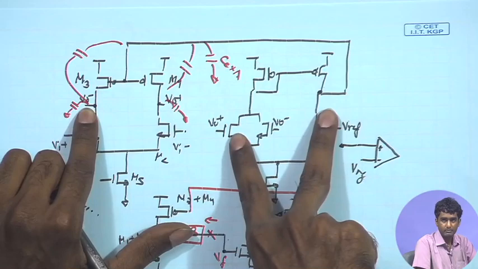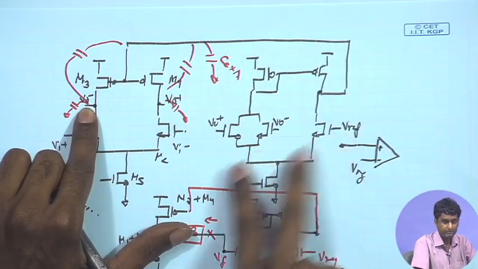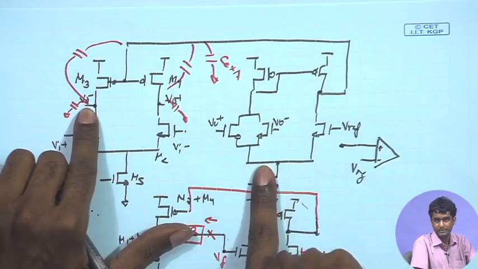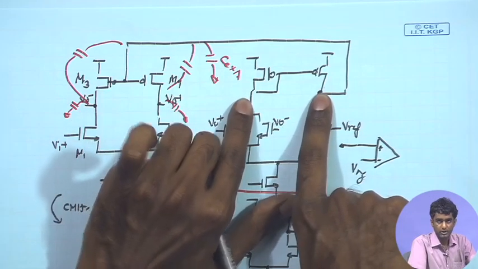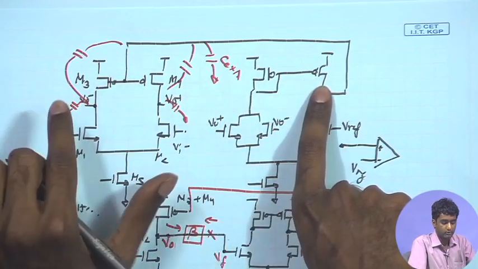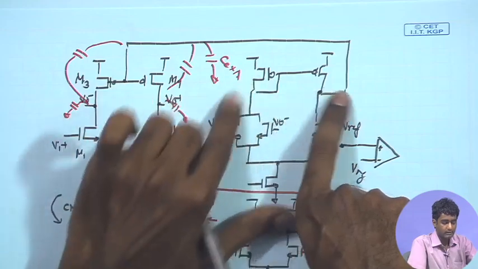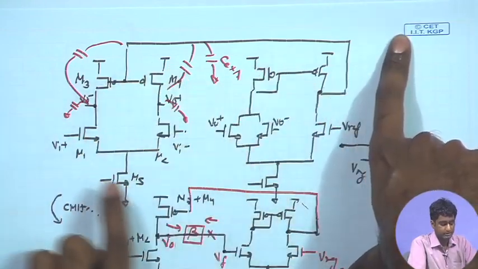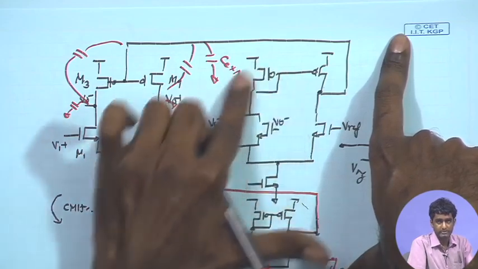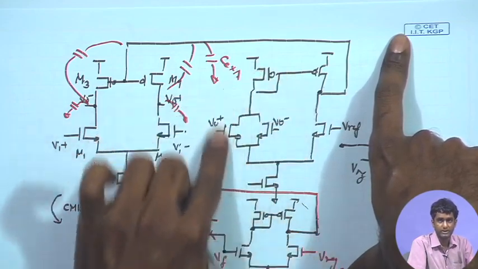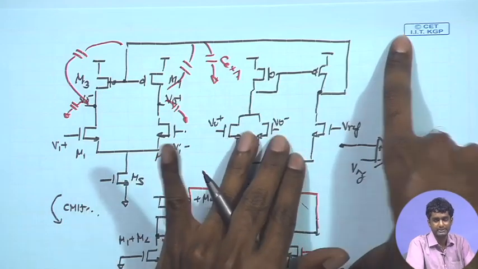We can minimize the speed of this amplifier, minimize its bandwidth, by, for example, reducing the bias current and increasing the channel length, so that the RO over here is much stronger as compared to the RO of this stage. That is possible, and that is also going to help us in saving some power. So, rather than burning an equal amount of bias current here, we can afford to sacrifice the bias current here as well, because we do not really need good bandwidth in this stage. This is just supposed to provide a DC bias point.